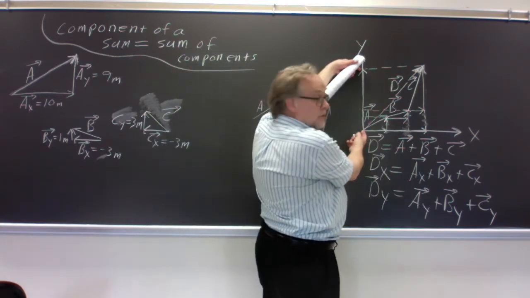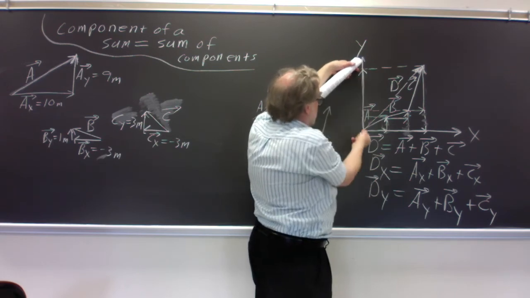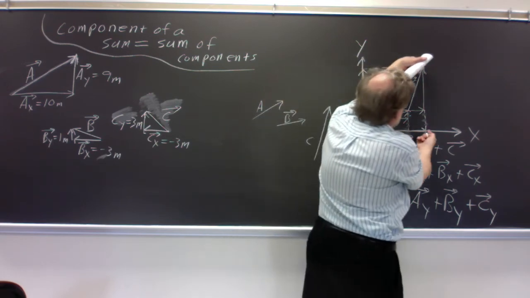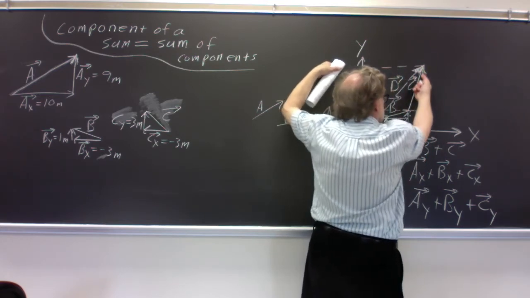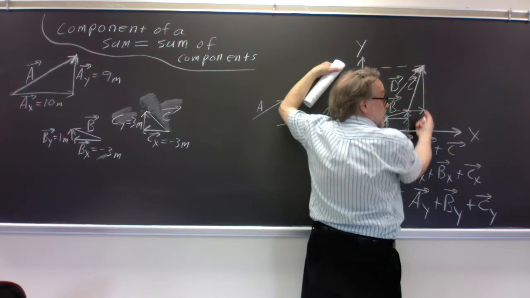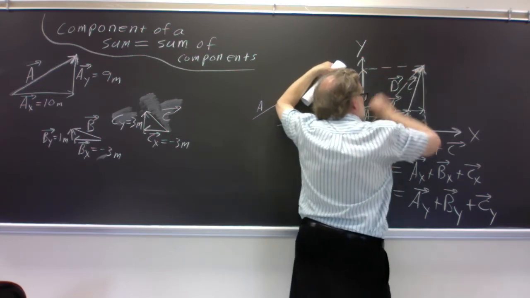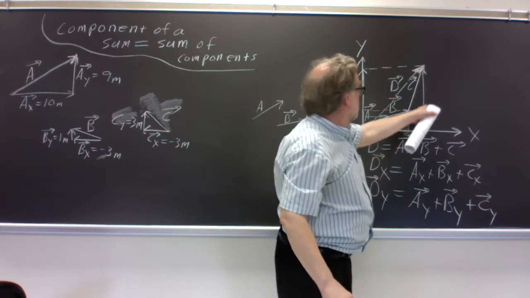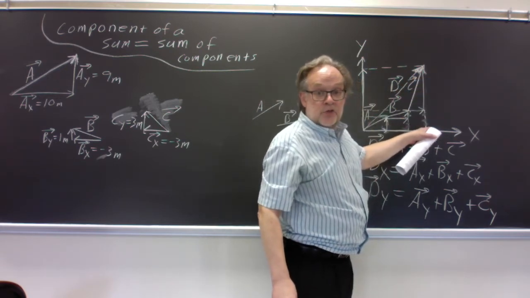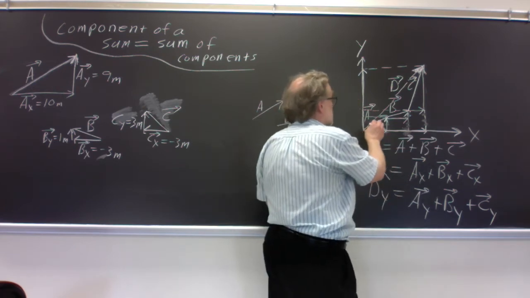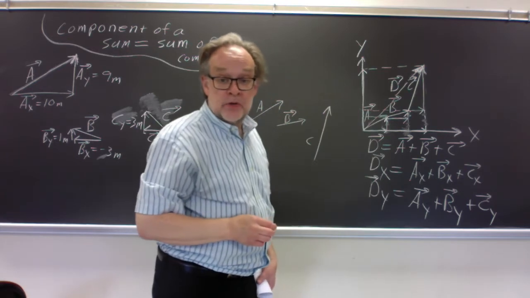This distance here, which is just the sum of AY plus BY plus CY, is the same as this distance here, and this distance here is just the y component of D. This is just the vertical perpendicular side of the triangle that has net displacement D for its hypotenuse.